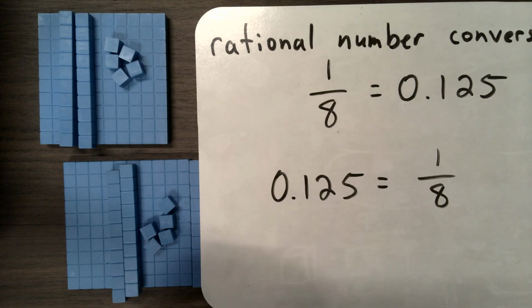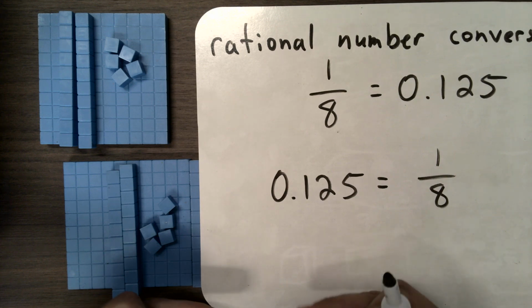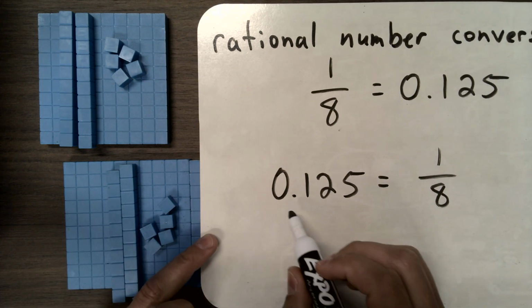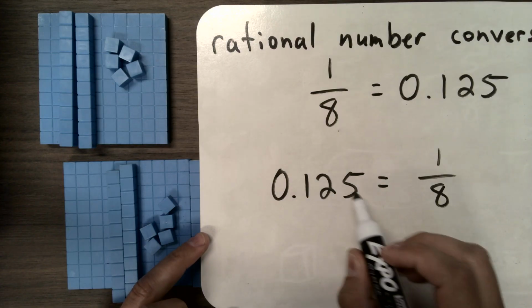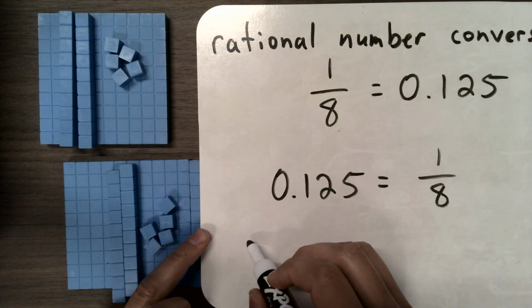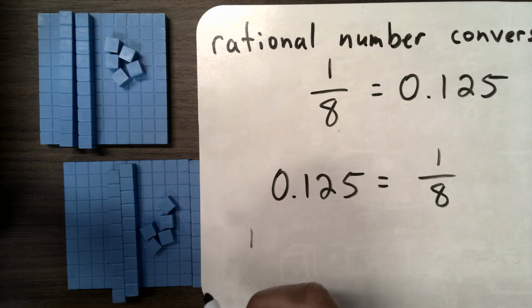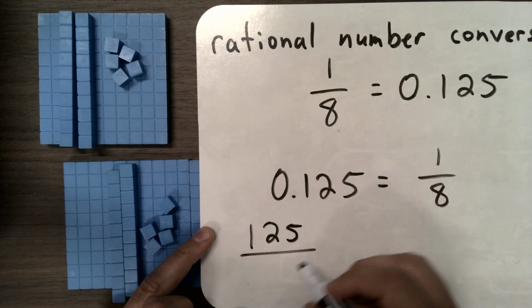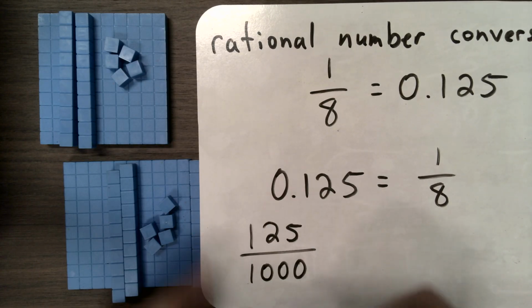By a power of 10, I just mean it's 10 to the first power, 10 to the second power, 10 to the third power, and so on. So we can always, as our starting point, rewrite this as 125 thousandths, right?